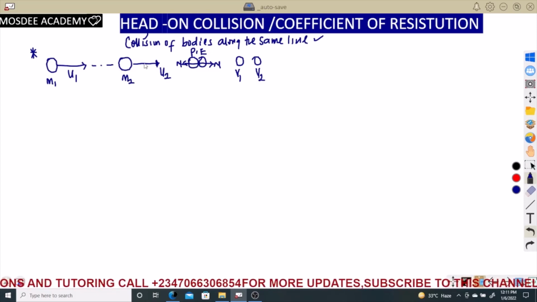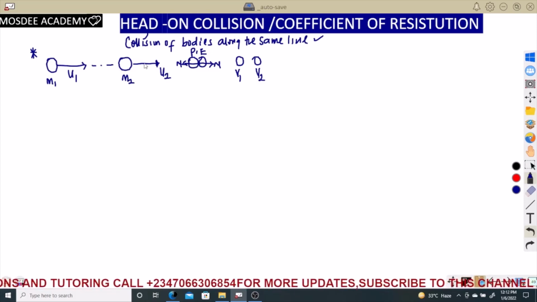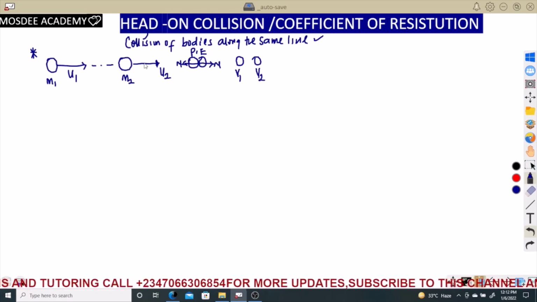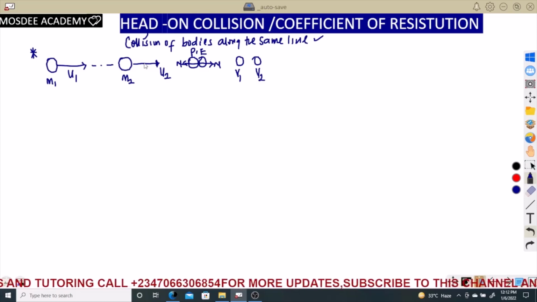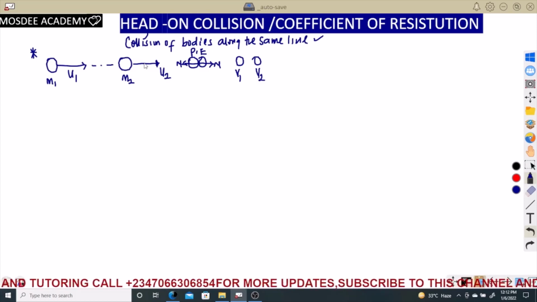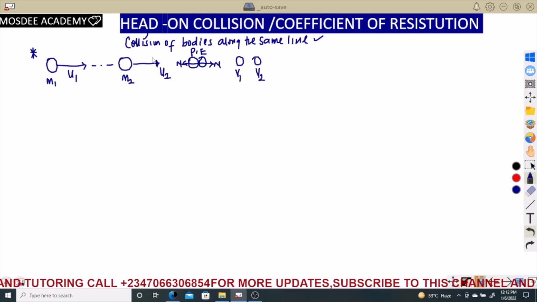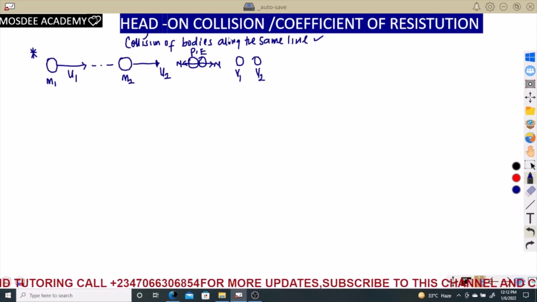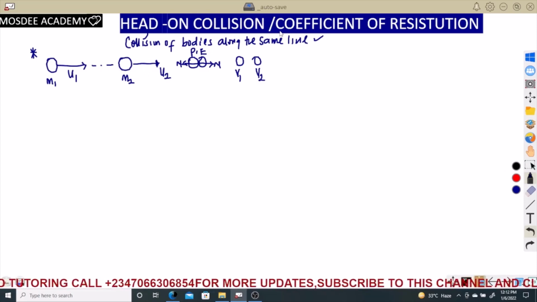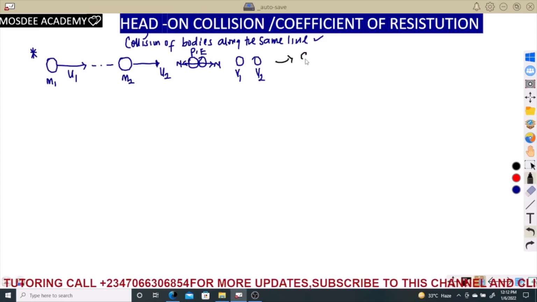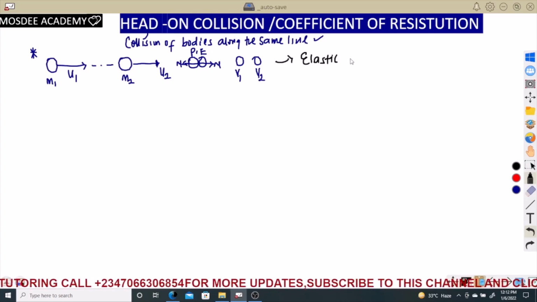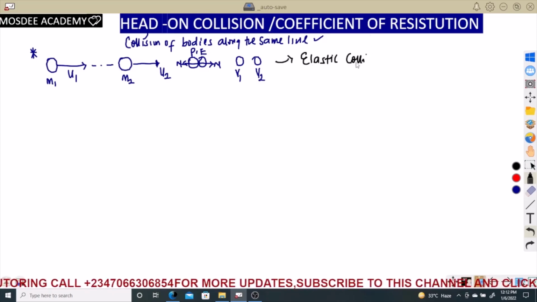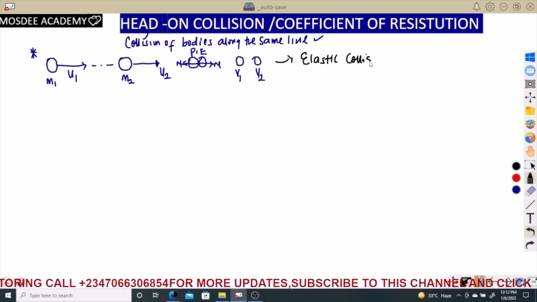Because of the conservation of energy, as you can see, the first ball collides with the second ball, they come in contact, then they gain velocity and they start moving. So in this, we now define three different types of collisions, which you have to keep in mind. According to what I have illustrated here, the first one we call elastic collision.